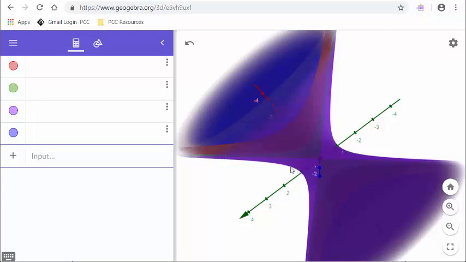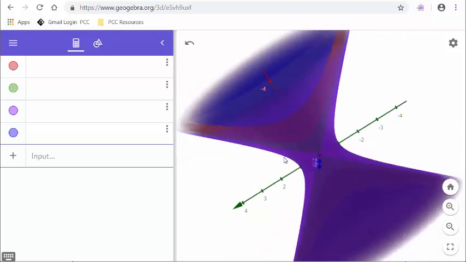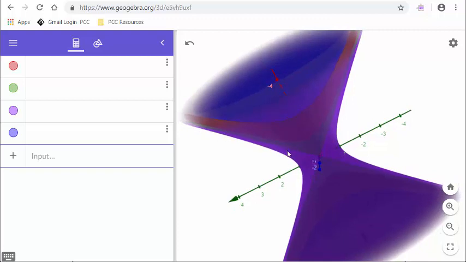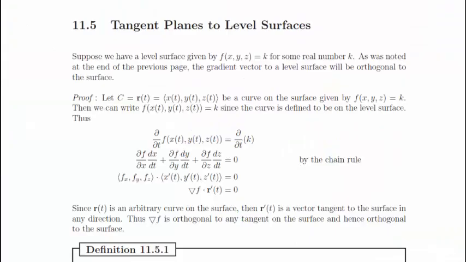So if I want to get from a w value of -1 to a w value of 0 on the cone as quickly as possible, I want to move at a right angle from the purple surface towards the green cone. I don't want to move at some angle that's slowly moving towards the green cone. I want to move straight towards it, which is going to be an orthogonal vector to the purple surface. That's what we're saying here. And we want to do a little proof of this.